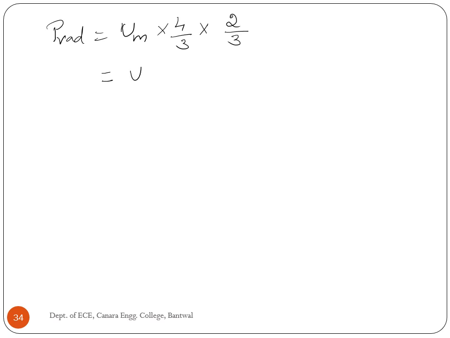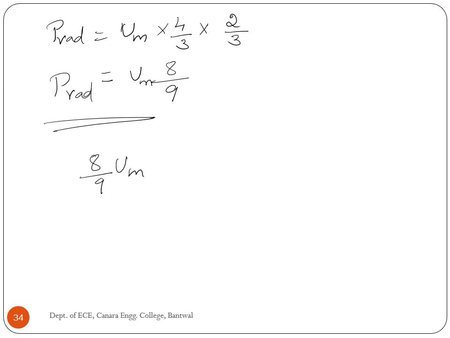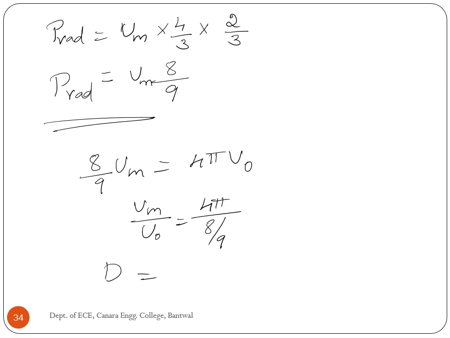So we will get Um 8 by 9, that is radiated power. Equate this value 8 by 9 into Um with the radiation power from isotropic source, that is 4 pi U naught. Therefore Um by U naught is equal to 4 pi divided by 8 by 9, which is equal to directivity, that is 9 pi by 2.